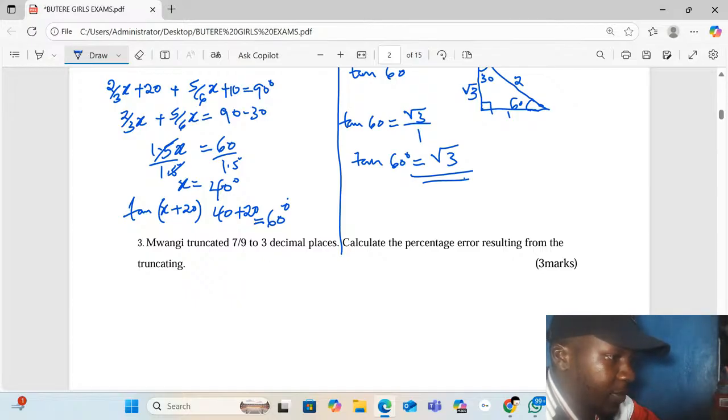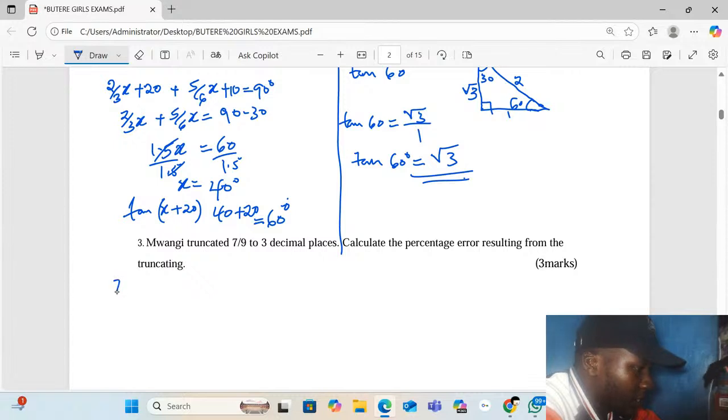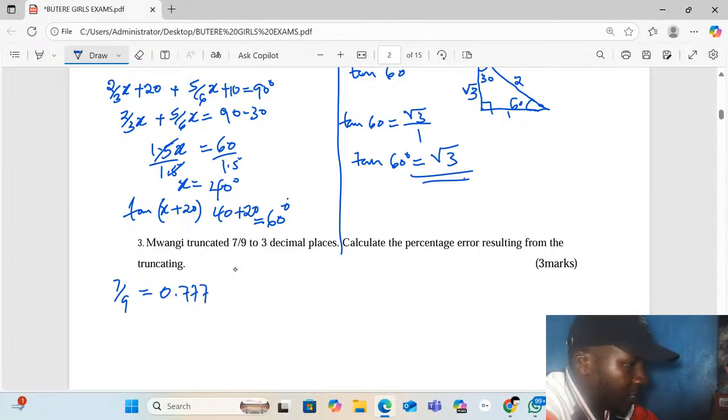Calculate the percentage error resulting from truncating. 7/9 is 0.77777..., truncated to 3 decimal places it is 0.777.